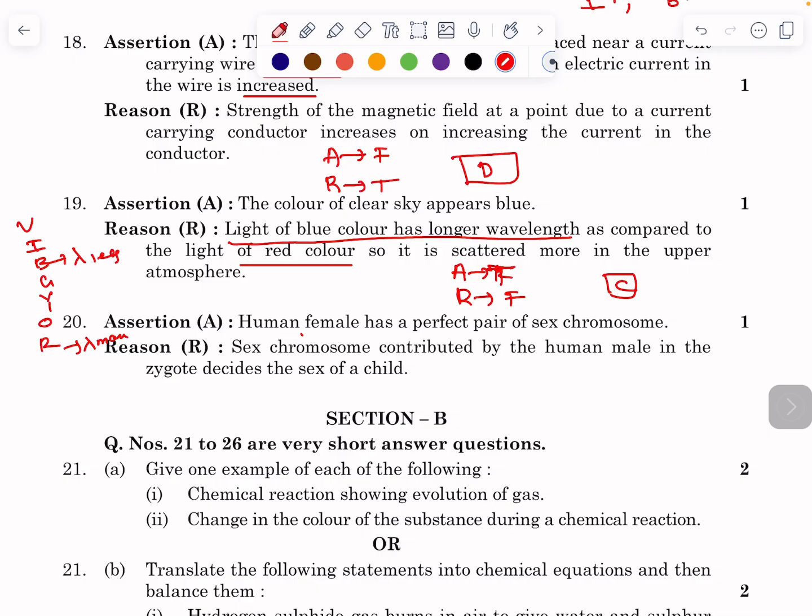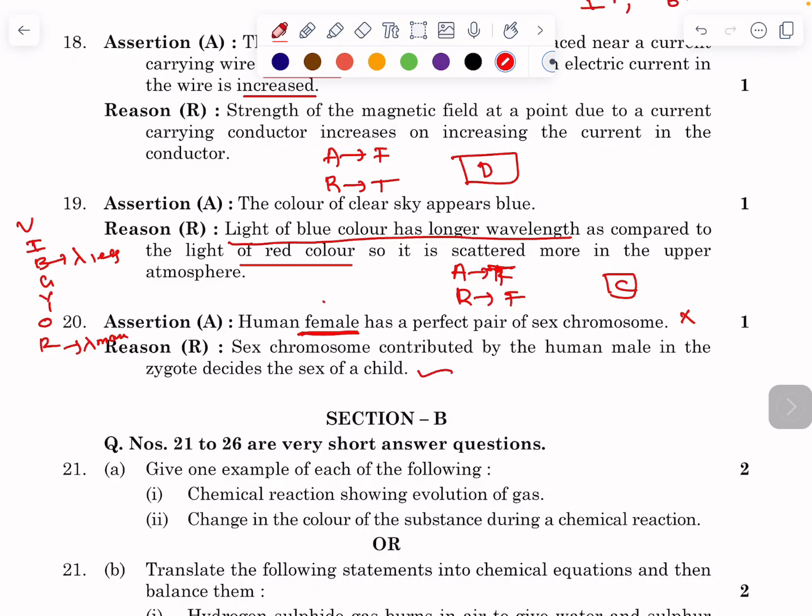Next, question 20. Human female has a perfect pair of sex chromosomes. No, human male has a perfect pair of sex chromosomes, and female has only X chromosomes. Sex chromosome contributed by human male in the zygote decides the sex of the child. This is correct.